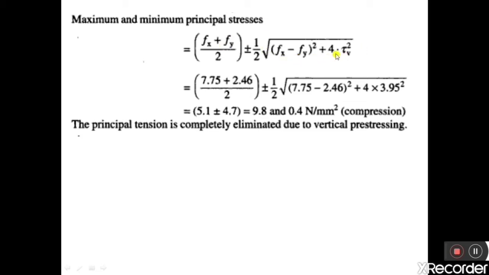In this formula, we should calculate f of x, f of y, and tau v square. Tau v is the maximum shear stress, which is 3.95, calculated in the first step. And now, what is f of x? At the support, f of x is equal to P by A.